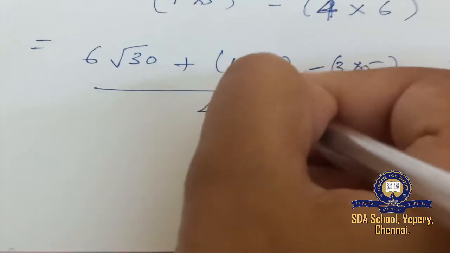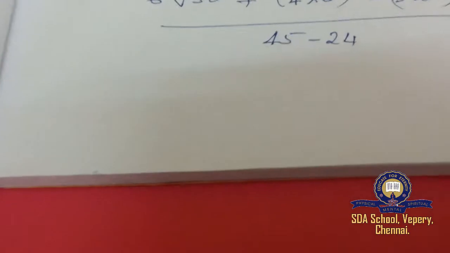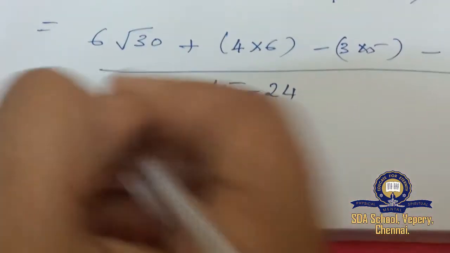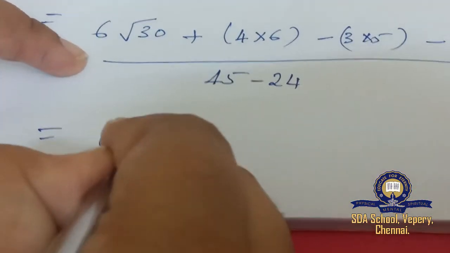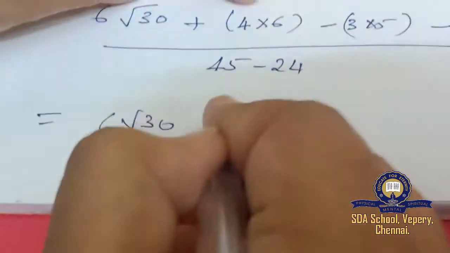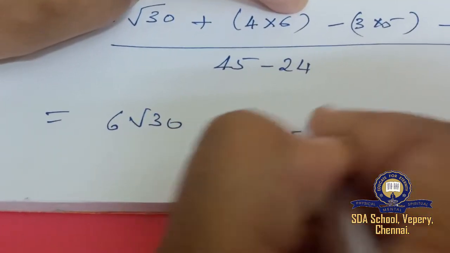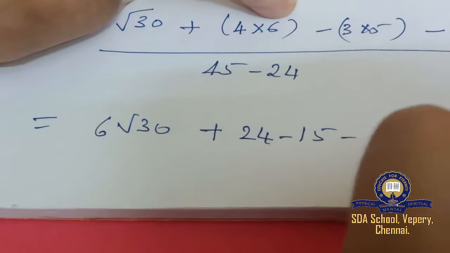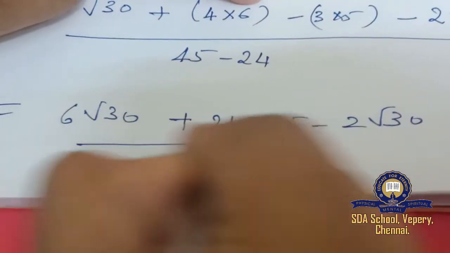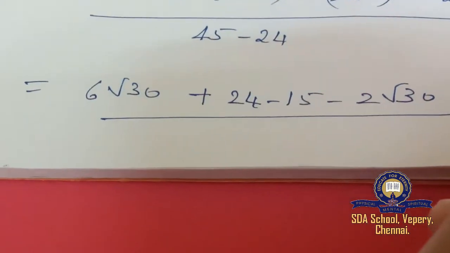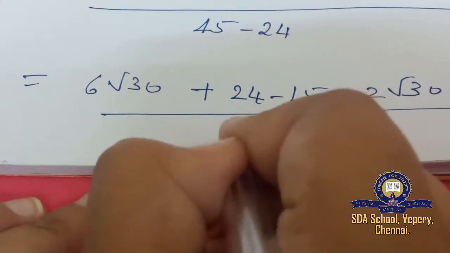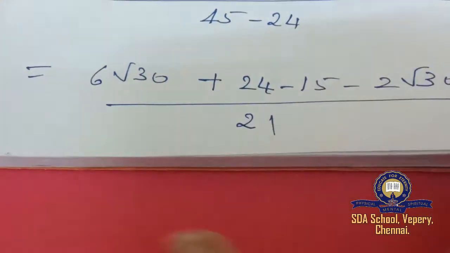45 minus 24. Now let us simplify further. (6√30 + 24 − 15 − 2√30) divided by 45 minus 24, which would give me 21. Isn't it? Till here we are clear, right?